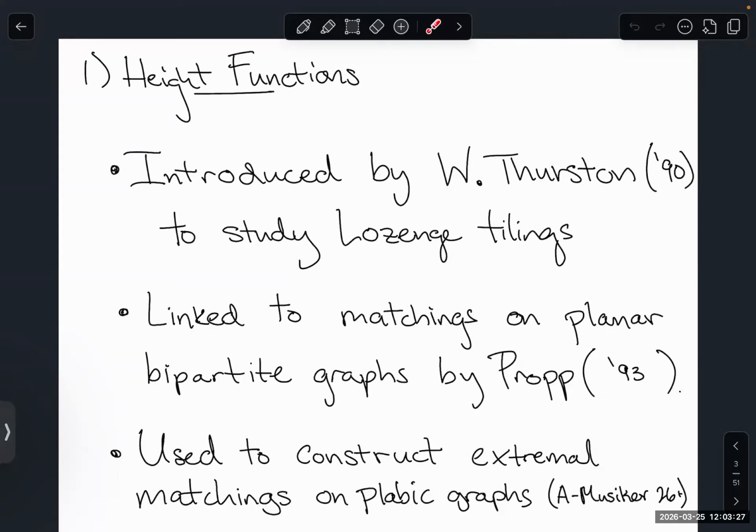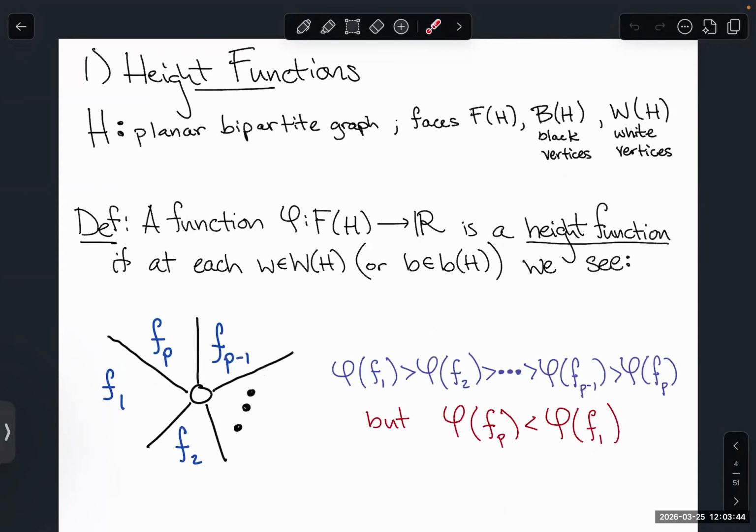And this is recently published work. I think this was just published last November. And then in the current work, we use these to construct these so-called extremal matchings on a specific case of plabic graphs.